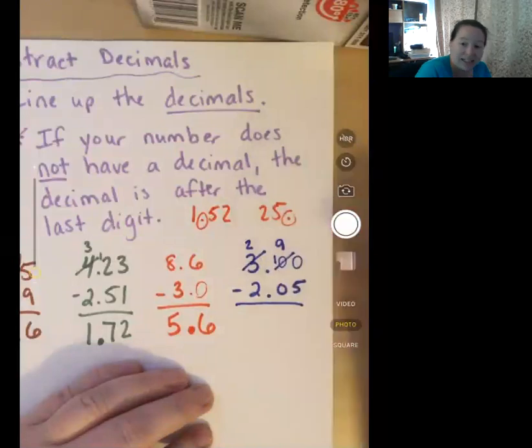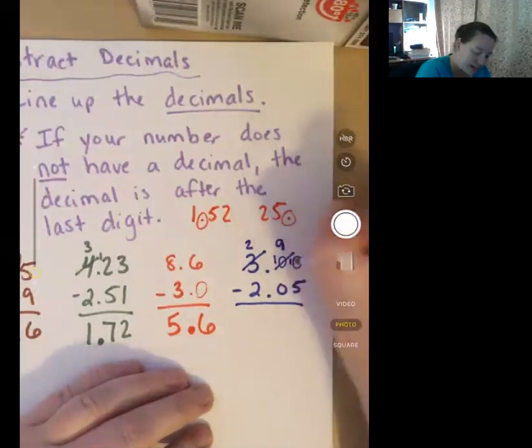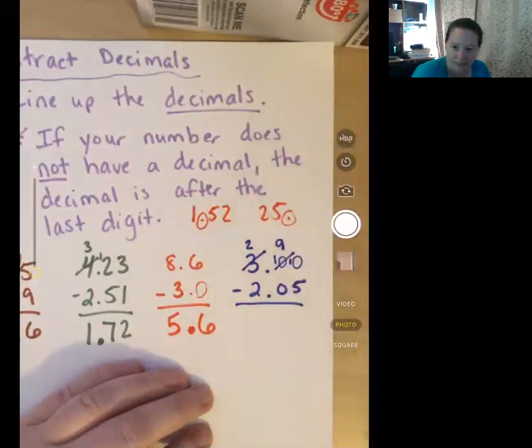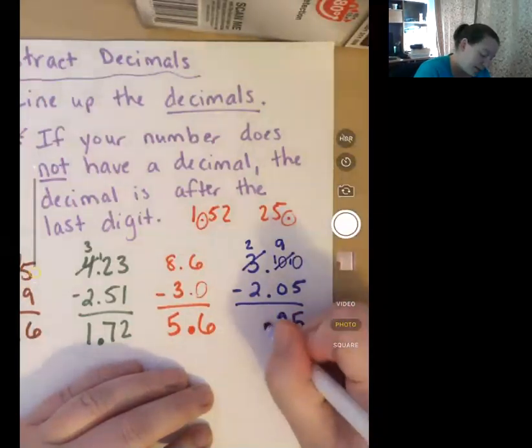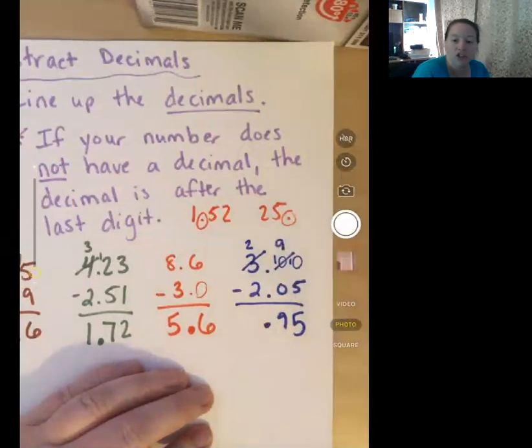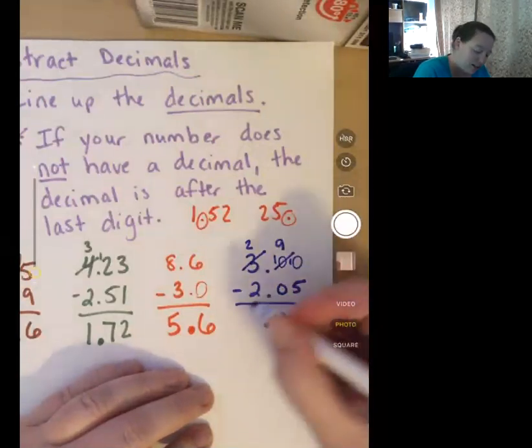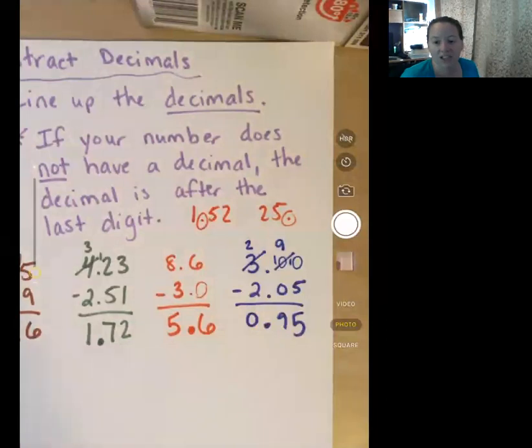So it's now a 9, and this one becomes a 10. Do you see what I did there? So 10 minus 5 is 5. 9 minus 0 is 9. My decimal point stays there. And 2 minus 2 is 0. And so I end up with that.